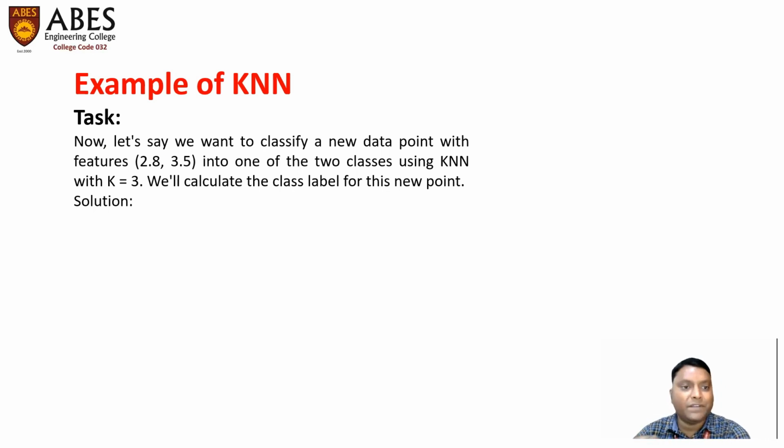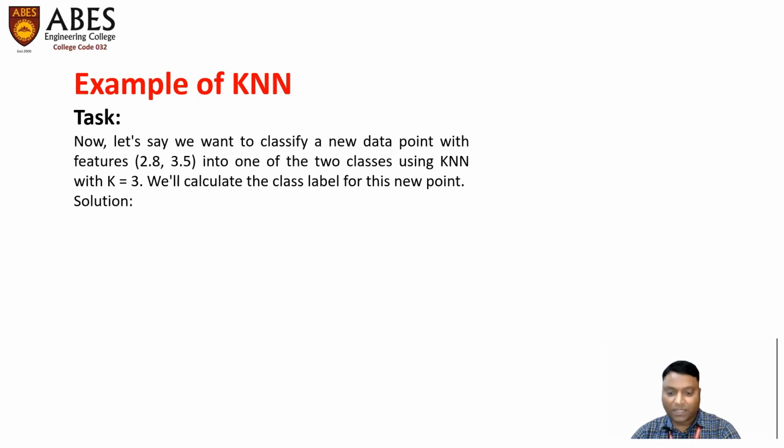And here it is given that k is equal to 3. So what is the meaning of k? In the KNN algorithm, k represents the number of neighbors. Suppose there are 5 data points and we have to add the sixth data point. Point number 6 will have 5 neighbors, but out of these 5 neighbors we have to choose only 3, because here the value of k is given as 3.